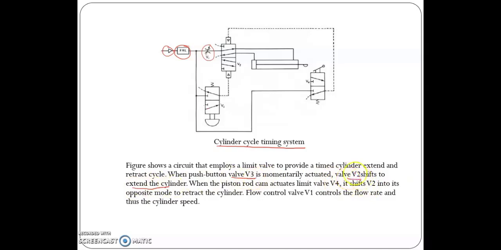Okay, so when we press the push button, the DCV akan shift to this position. Okay, and then dia akan activate the V2. So from the source, dia akan the compressed air flow.